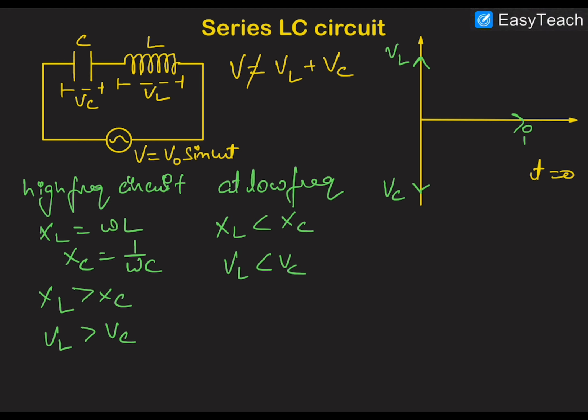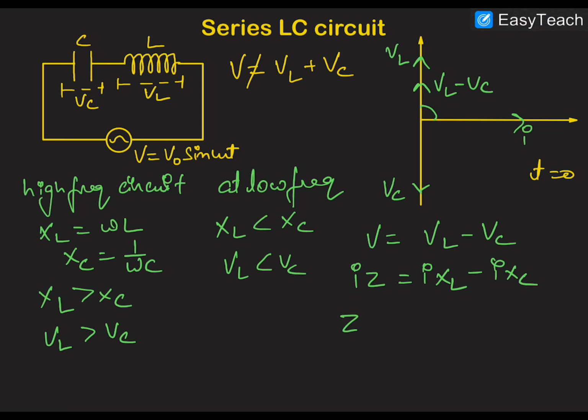For the solution, I am assuming that the frequency is high, and therefore the net voltage will be this, VL minus VC, and this is the current. This phase is pi by 2. We know that the net voltage V will be equal to VL minus VC, and V can be written as IZ, while VL can be written as IXL and VC as IXC.